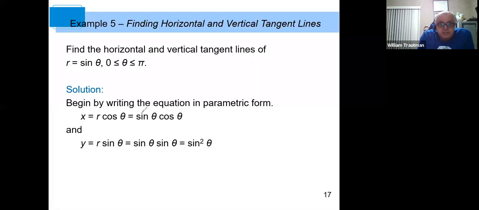Okay, let's try this again. So this is what we got for x, sine theta, cosine theta. And if we take the derivative of x, we can use the product rule, uv. So u, the derivative of cosine is negative sine.